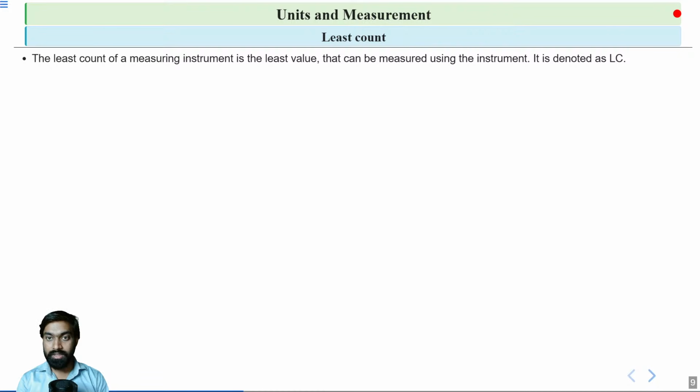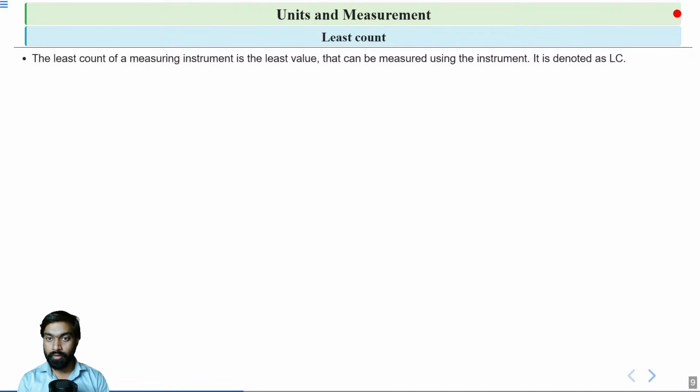Least count is the value of the smallest division or mark that you can directly read from the instrument. Let's see an example. A normal ruler or scale: the smallest division is 1 millimeter. This means that the least count of this scale is 1 mm. You cannot accurately measure small values like 0.5 mm or 0.25 mm with it.